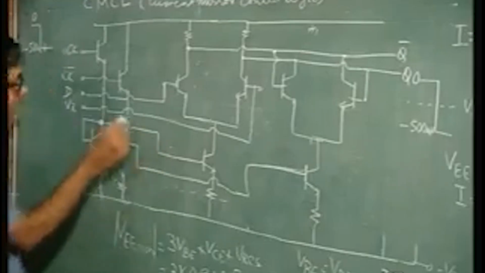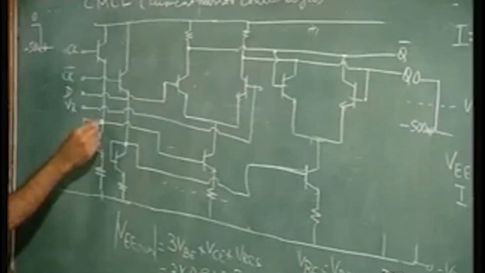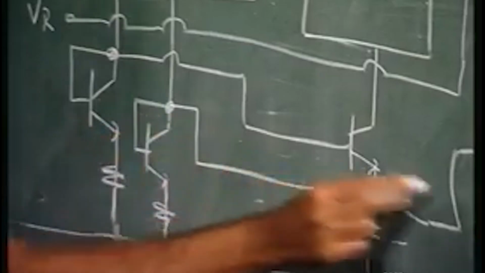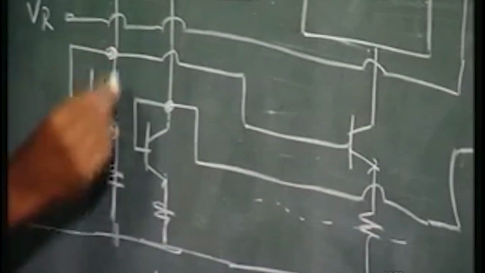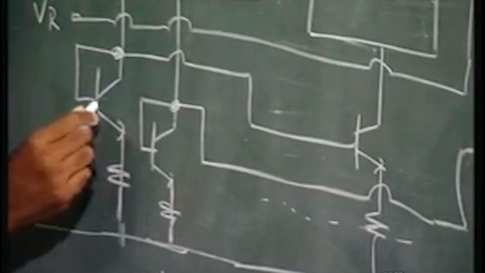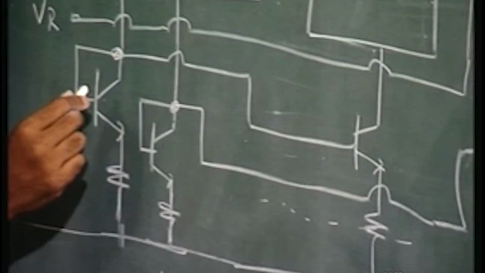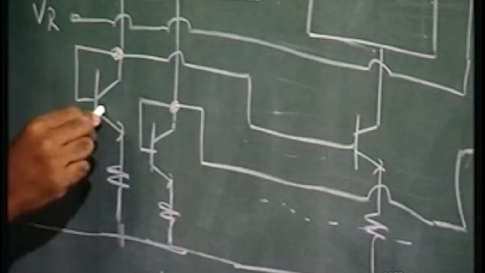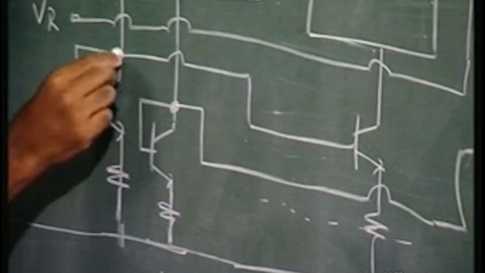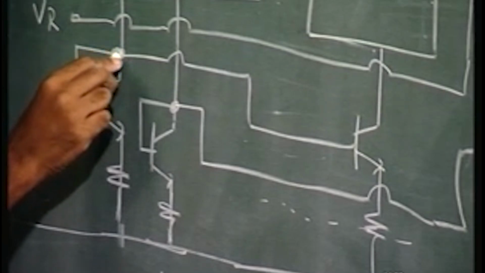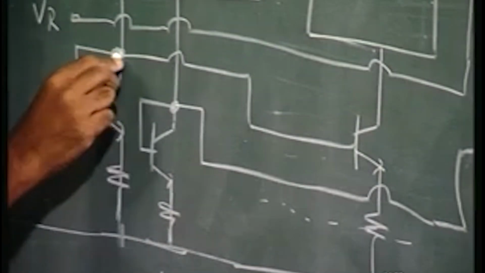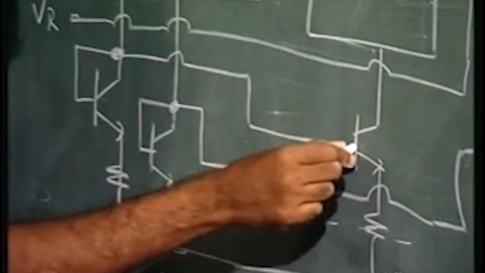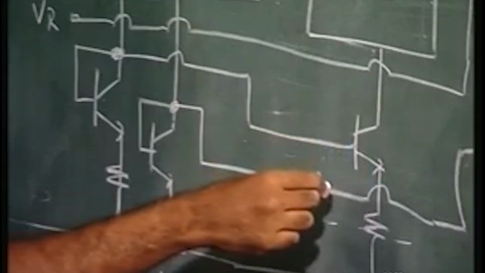Now, you see, this is the current mirror arrangement. This transistor and this transistor, and this is another current mirror arrangement. Basically you have a diode configuration here, the collector and base shorted, and whatever current is flowing here. If this transistor is on, the voltage here is going to be high, which would mean that this transistor's VBE will be high and it is going to be on.